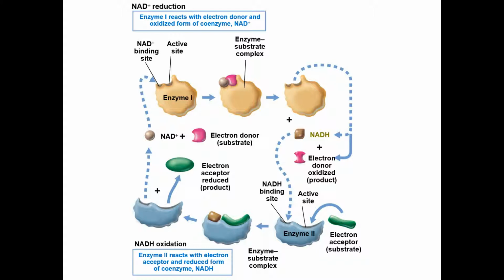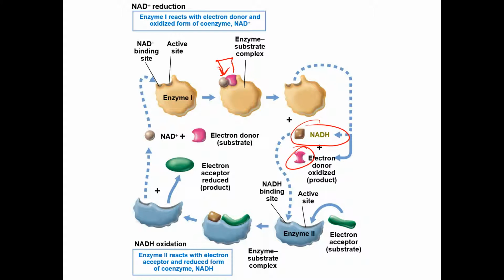Here you have the exchange of electrons from your electron donor to NAD plus. Your electron donor gives up electrons and becomes oxidized. NAD plus accepts the electrons and becomes NADH.